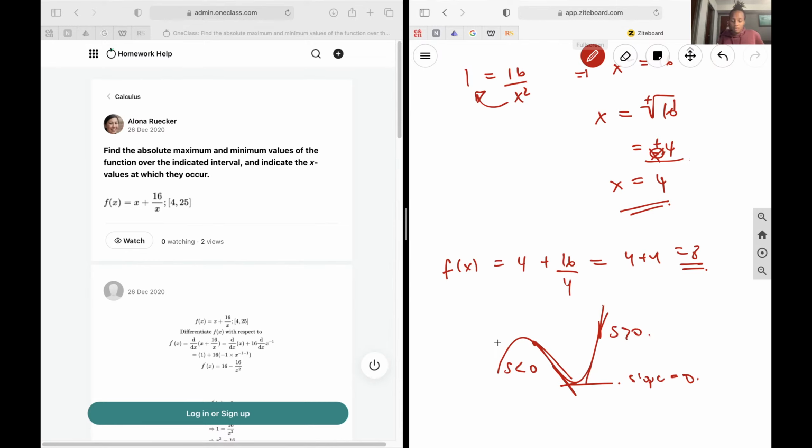That means that if I analyze the derivative of the function before and after my point, x is equal to 4, and I get a negative before and a positive after, that means I have a minima because it was decreasing and then it's increasing. If I go from the slope being positive to the slope being negative, that means I was increasing and then decreasing and I have a maximum. So let's go about figuring out whether it's a maximum or a minimum.